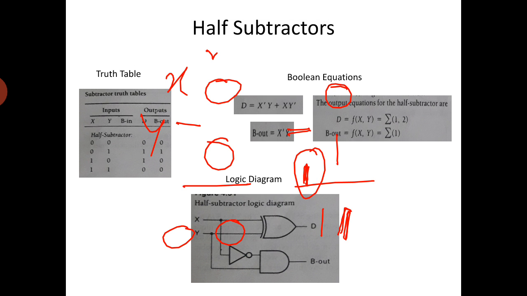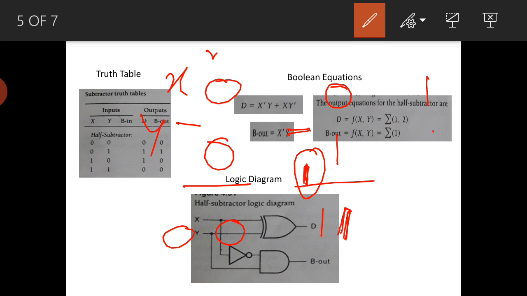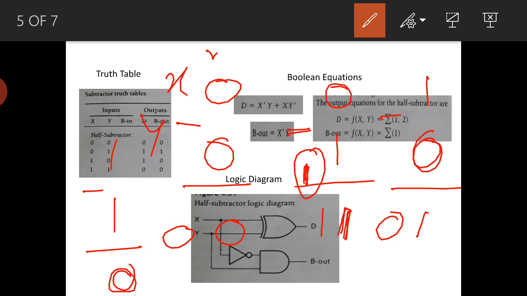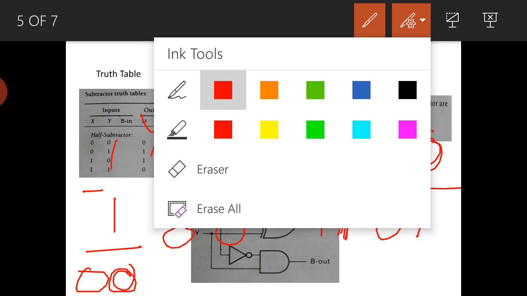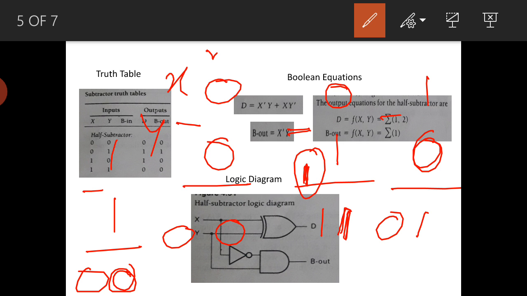Similarly, the third combination, 1 minus 0, is straightforward: difference is 1, borrow is 0. And 1 minus 1 is straightforward: difference is 0 and borrow is 0.